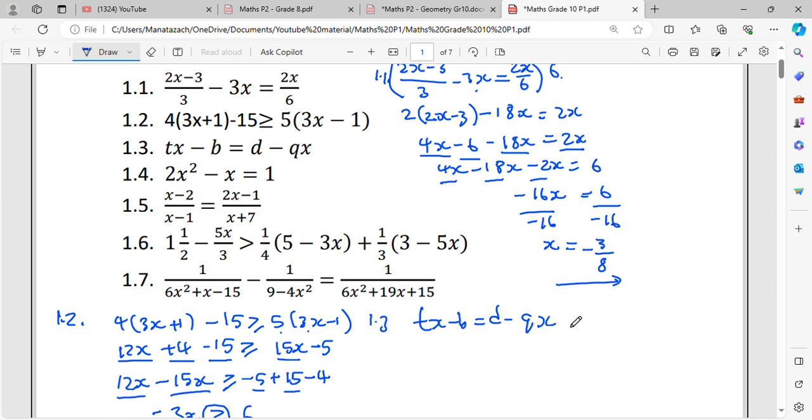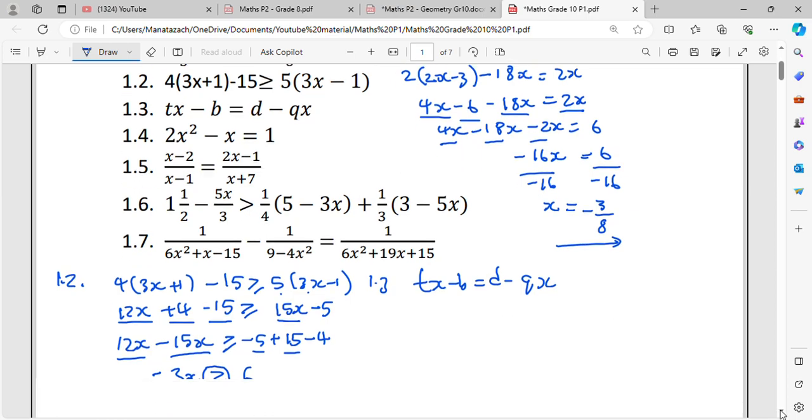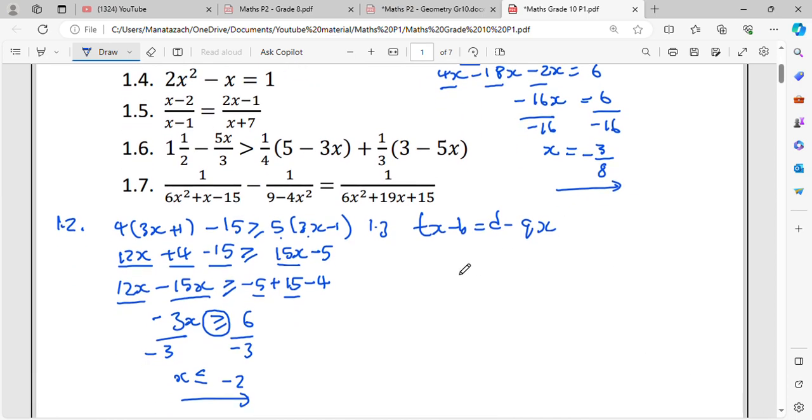So here we're just dealing with the variables. So we're going to solve for x in terms of the variables. So we'll just group the like terms together. Tx plus qx will come on one side, and then here d will remain this side, and then b will come on the right hand side as positive.